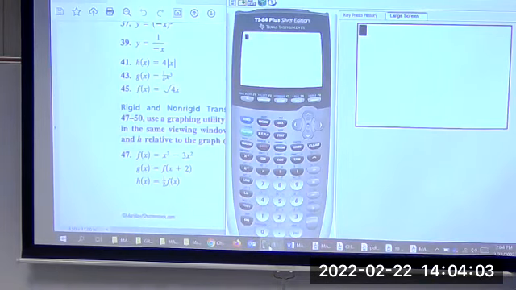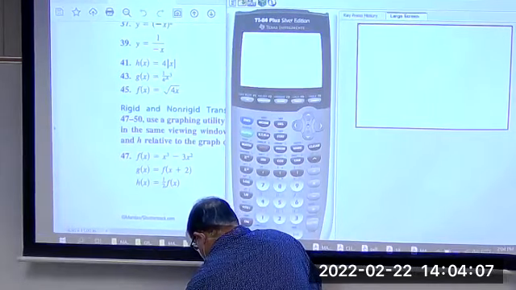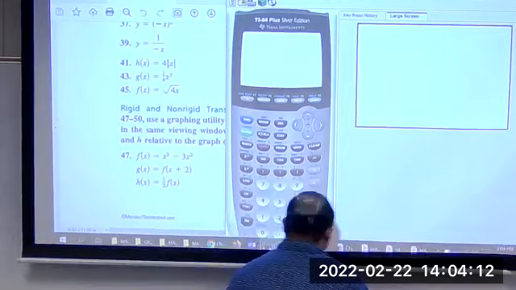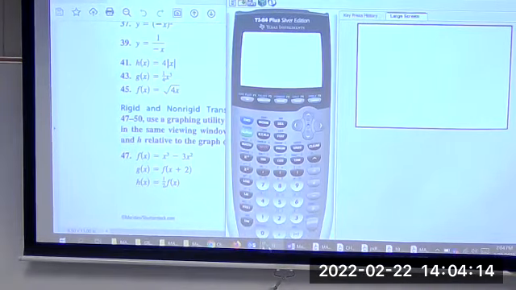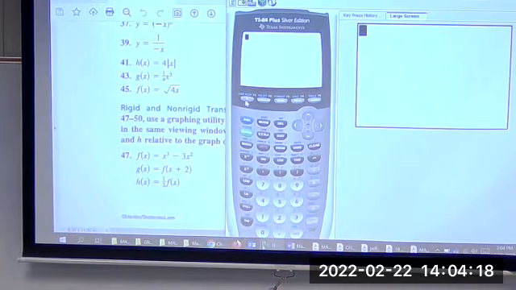So the first one, rather simple, and I don't want this thing going up on me. So we're going to type in x to the third minus 3x squared.